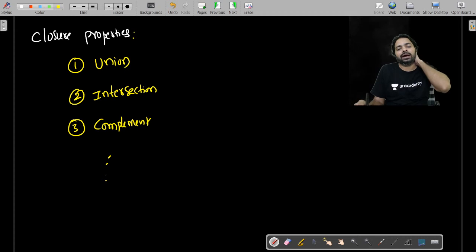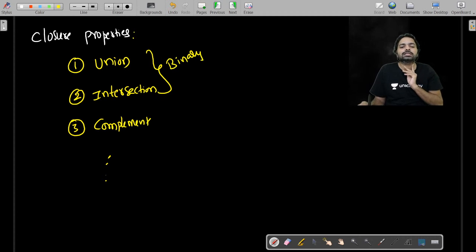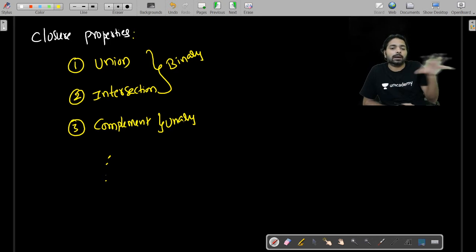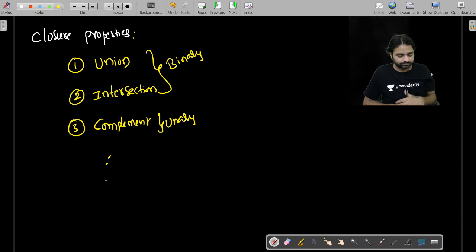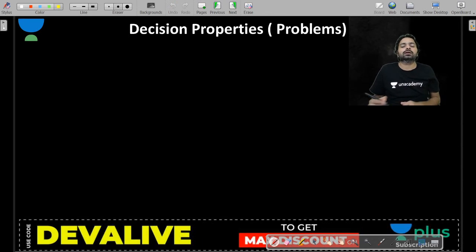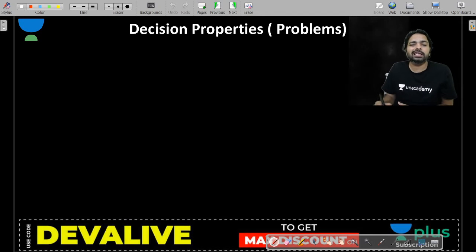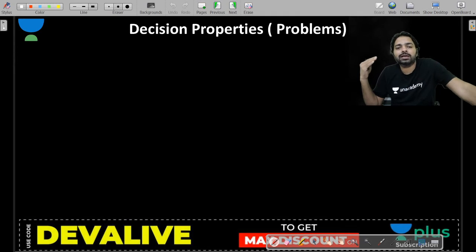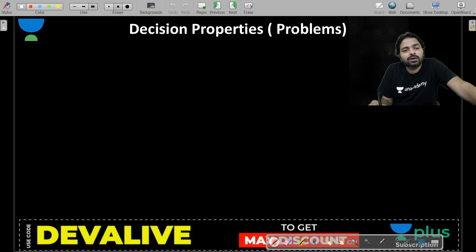These are binary operations, and this is a unary operation. This is about closure properties. When it comes to decision, now problems are there. I am taking the standard decision problems first, but later on I will be covering so many decision problems.